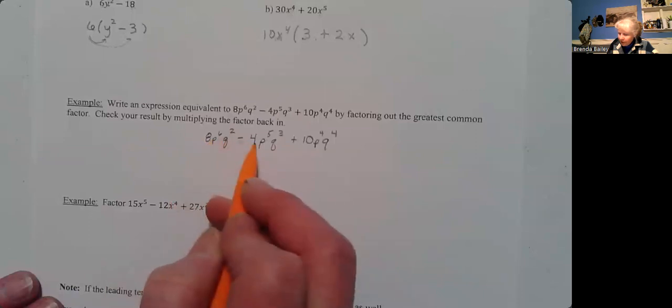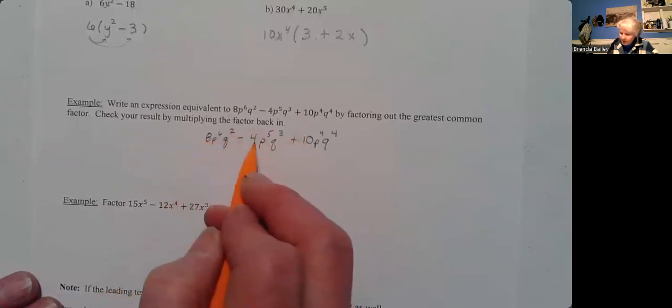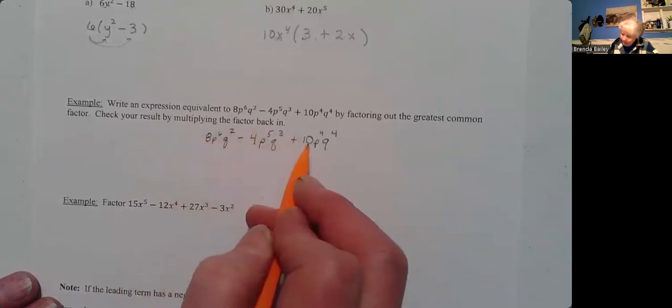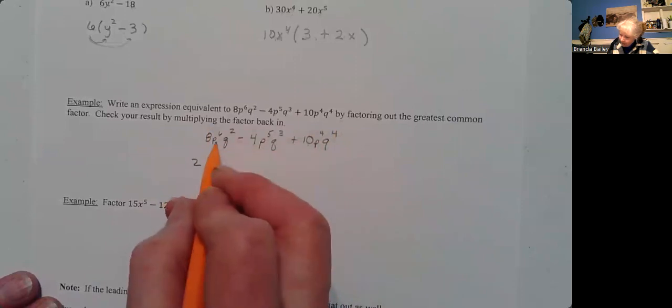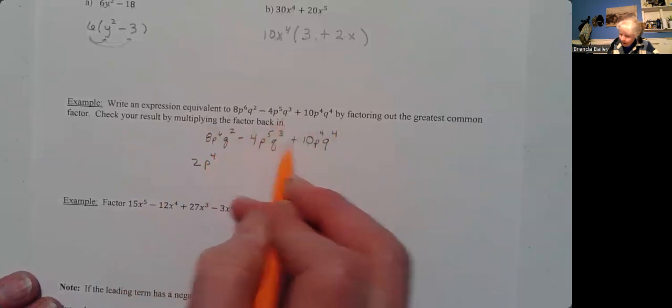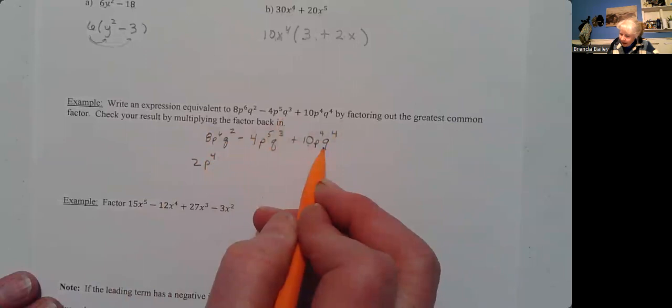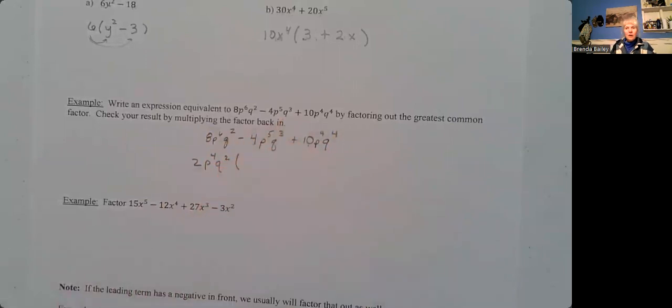The largest number would be a 2. 2 goes into 8, 2 goes into here, and 2 goes into here. And then they all have a p, and the smallest is p to the 4th. They all have a q, and the smallest is q squared. And that's your greatest common factor.